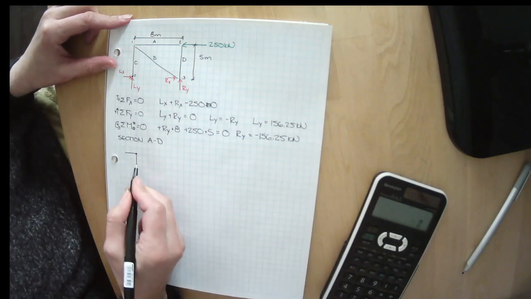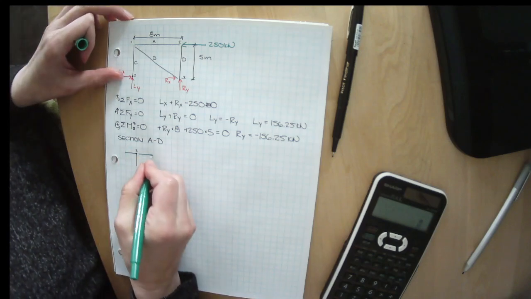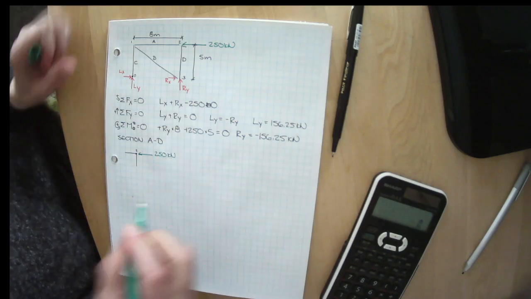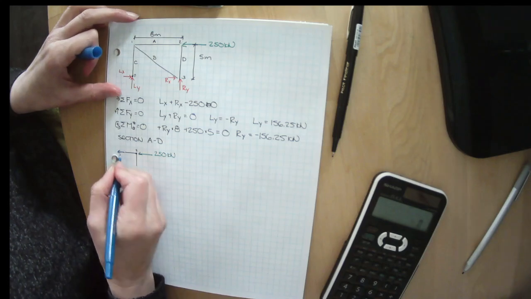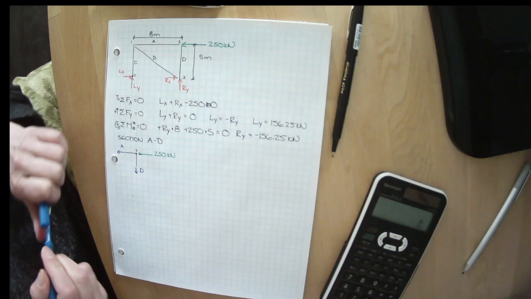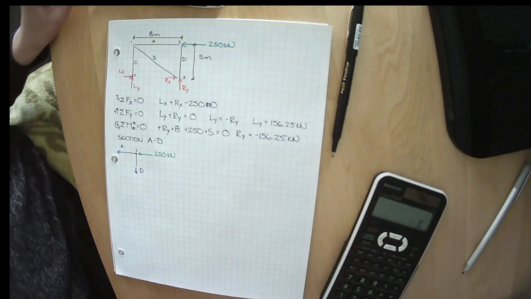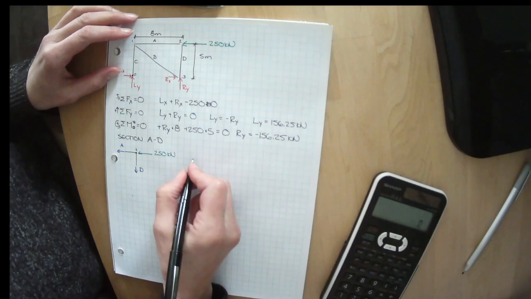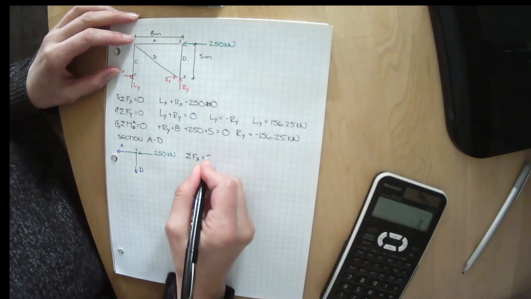I only have A and D. This is node 2. I've got my applied load of 250 kilonewtons. And I've got unknown internal loads that I'm going to draw in tension of A and D. Let's sum our forces in the x direction.